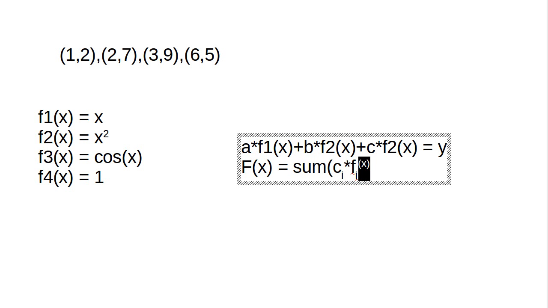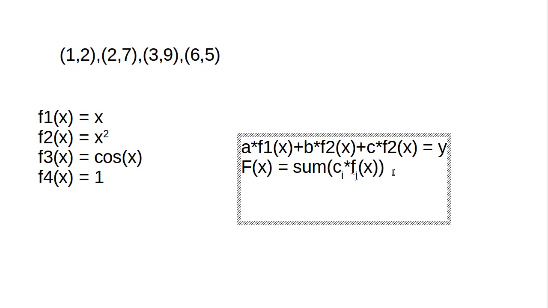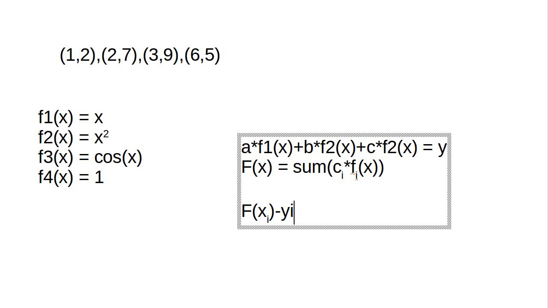And what I want is f of x minus y for each i that we have here. This is our error, the ith error term. And I want to minimize that.